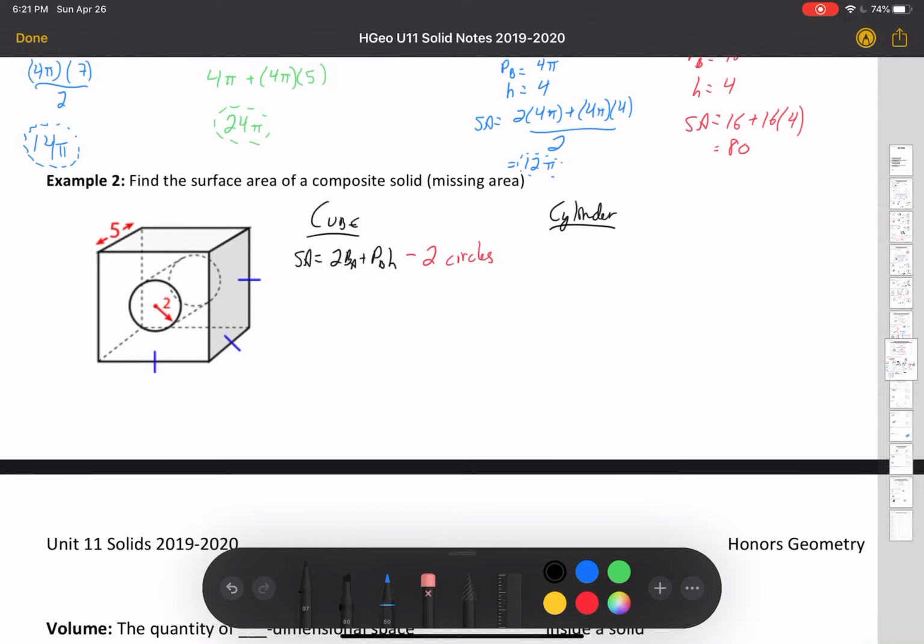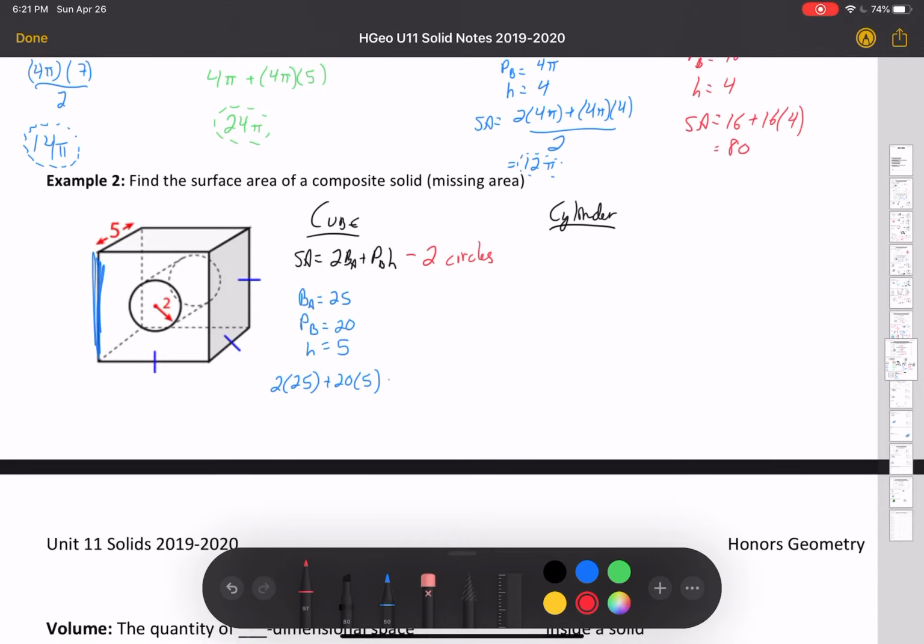Okay? So for the cube, area of the base, you'll see that those side lengths are 5. So the area of the base, 5 times 5 is going to give me 25. Perimeter of the base is 4 times 5, or 5 plus 5 plus 5 plus 5, which is 20. And the height of this figure is also going to be 5. So for the cube, we have 2 times the area of the base plus the perimeter of the base times the height.